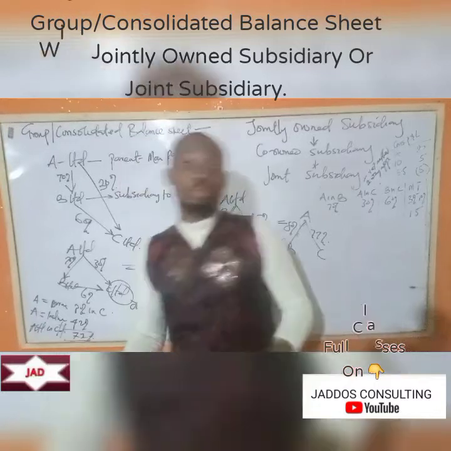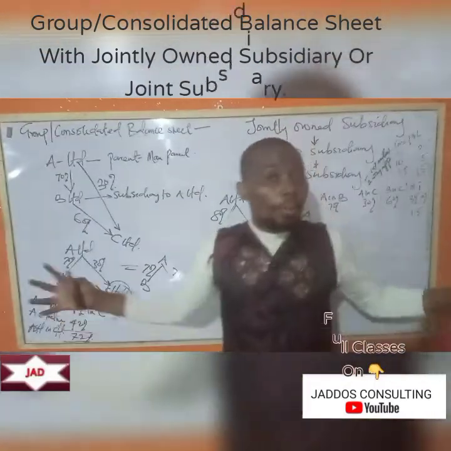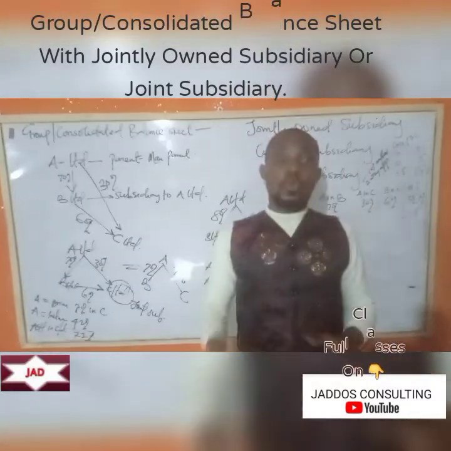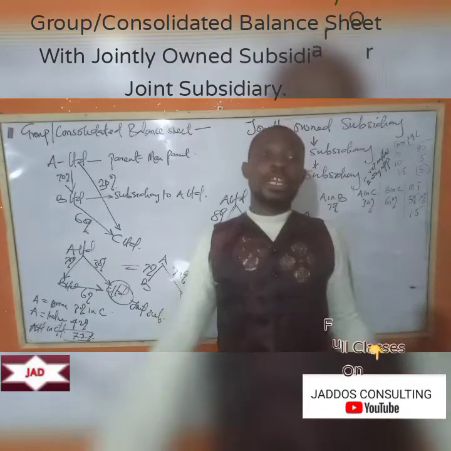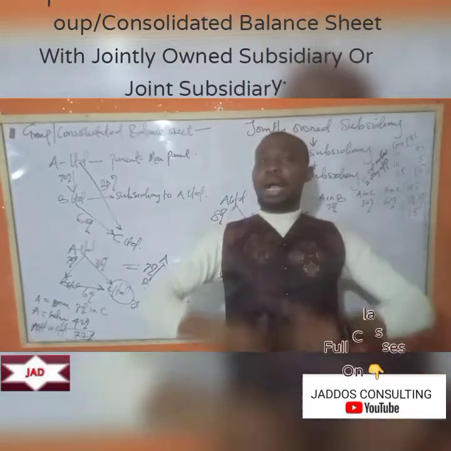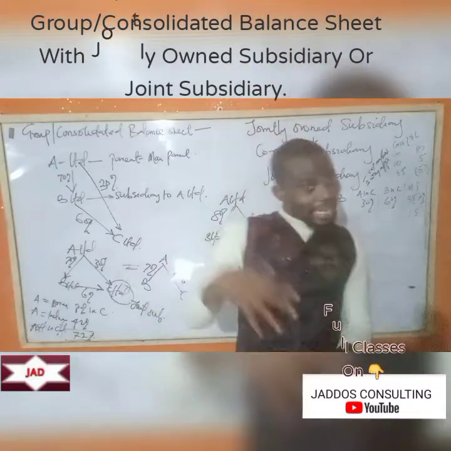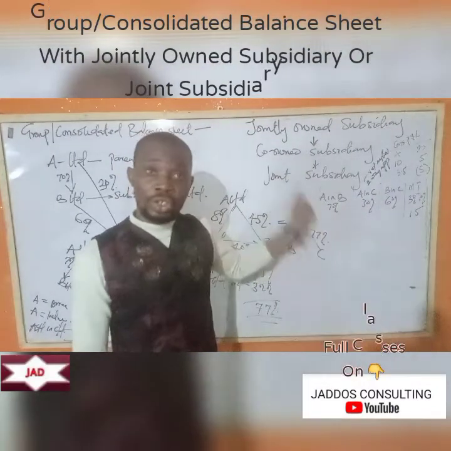It's also possible that both of them might not have controlling units. But the idea is that by the time you now compute or combine the structure of holdings, whether they have direct holding, direct control or not, when you now combine, it now appears that C is now a subsidiary in the group. Then you are dealing with a jointly owned subsidiary.